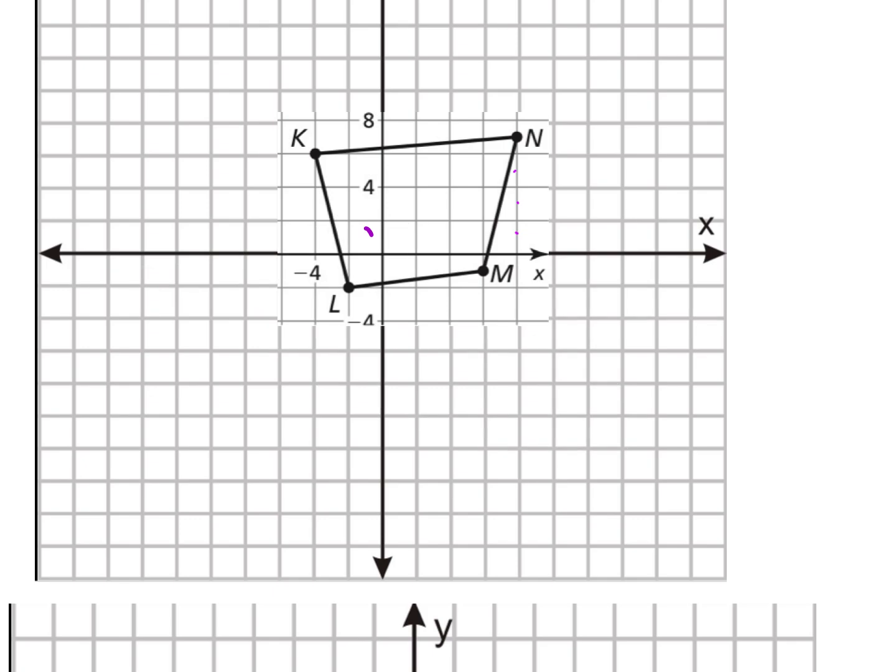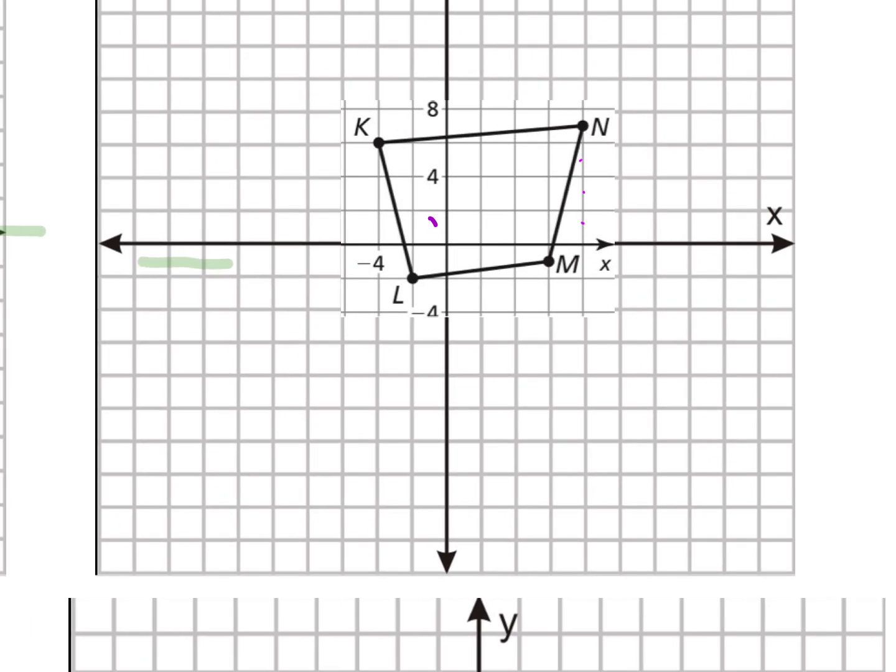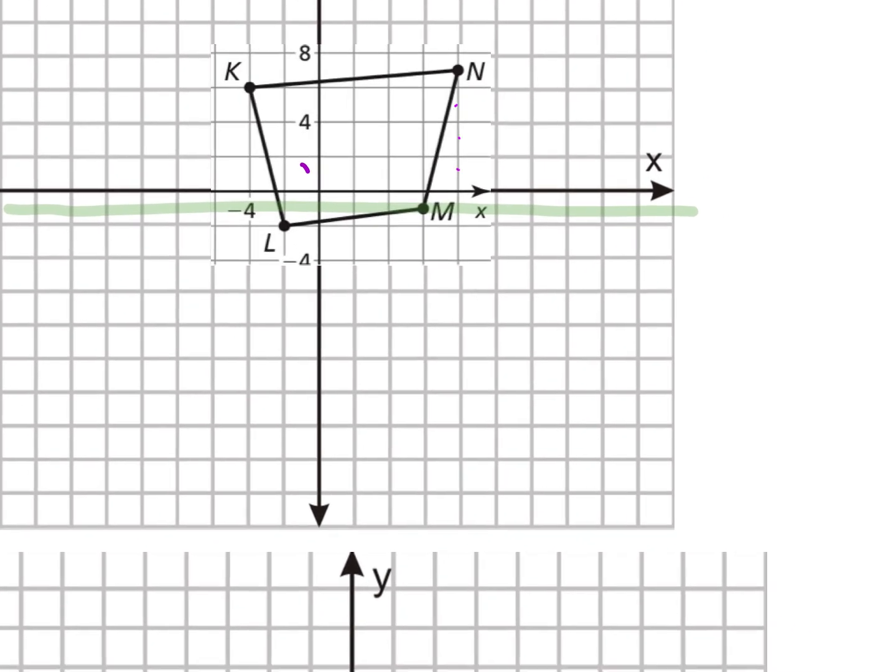By 2s. Where y is -1, it's by 2, so it's actually in half right here. It's actually where my M is. So let me fix it. I'll go back. Give me a second. This is where my L should be, and 1, 2, 3, 4.